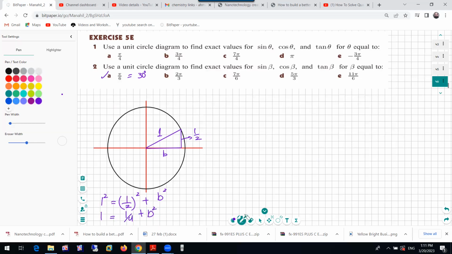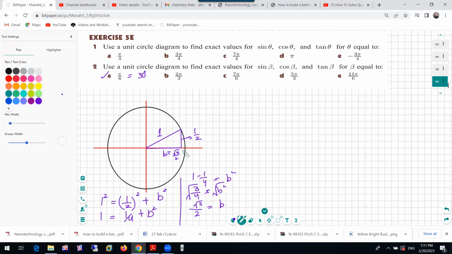Taking this to the other side, B squared is equal to 1 minus 1 over 4, which is 3 over 4. Now taking the square root of both sides, square root of 3 and square root of 4 is 2. So that's why B is equal to square root 3 over 2.